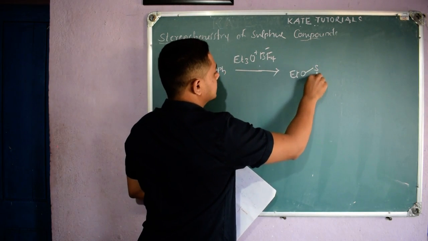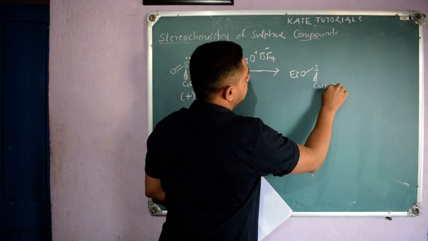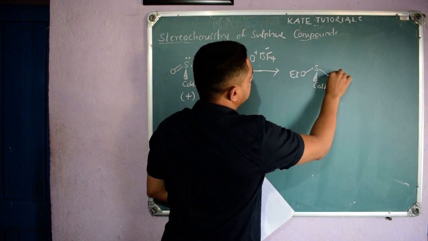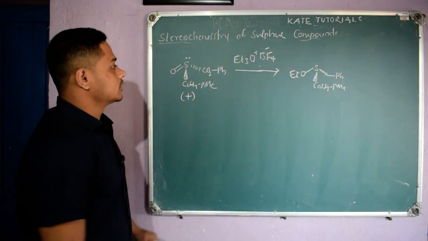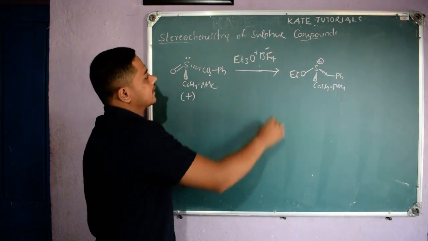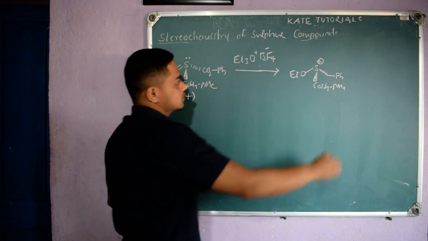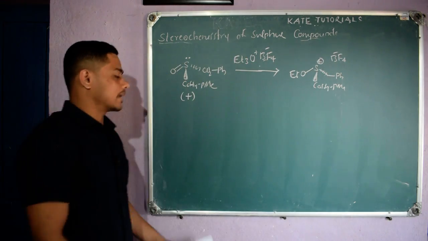The other things remain as they are: C6H4 with para methyl, and CH2Ph below the plane. Since it has three bonds now, the sulfur gets a positive charge. So the anion will be this BF4 minus only.